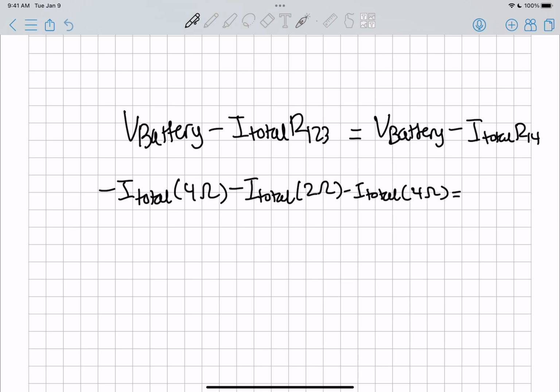The same thing would be on the other side, I total times 4 ohms, minus I total 3 ohms. Would that work?